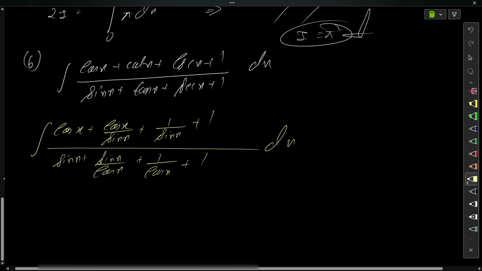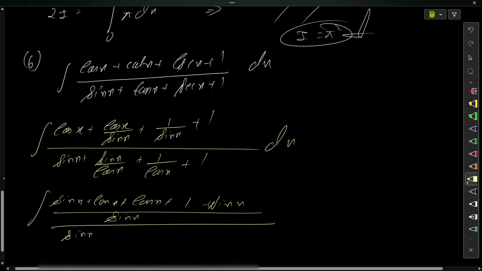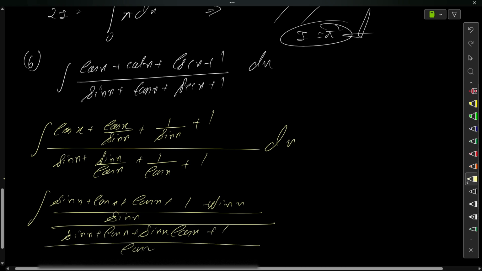So it's simple, just cross multiply it, so you'll be getting sine x plus cosine x plus cos x plus 1 plus sine x divided by sine x, over sine x plus cosine x plus sine x cosine x plus 1 divided by cosine x, with respect to dx, right?